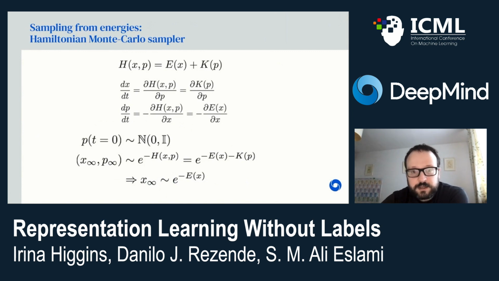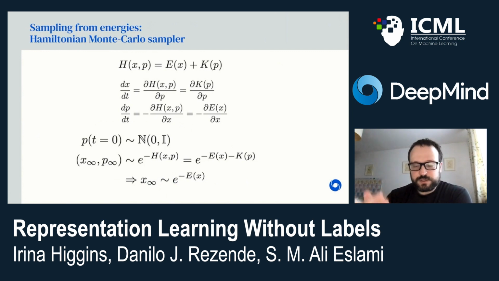An alternative algorithm to sample from an energy-based model is a Hamiltonian Monte Carlo sampler, which has a different way of interpreting the target density by augmenting the space with a momentum variable and adding an extra energy term for this momentum variable and following the Hamiltonian dynamics. The algorithm is also pretty straightforward to implement.